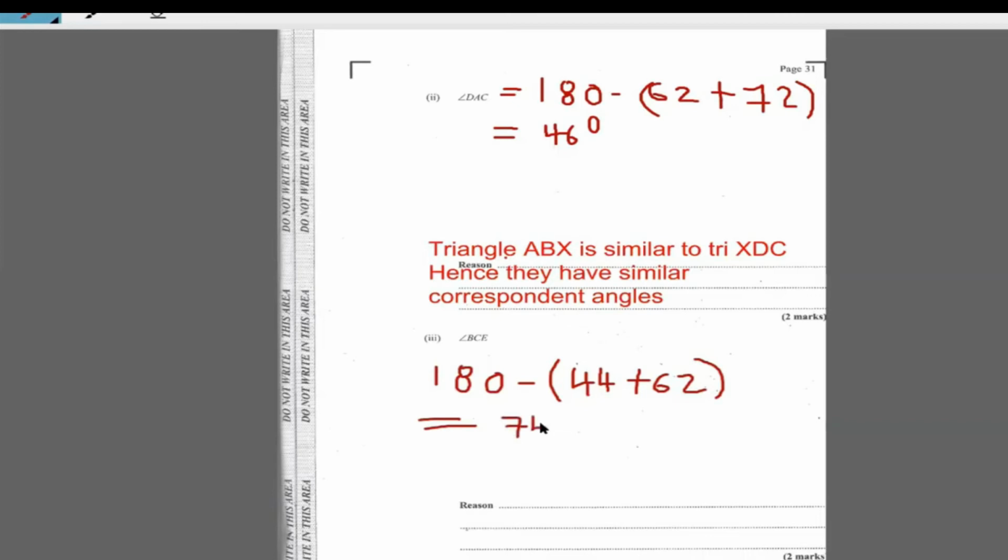And the reason again is angles on a straight line sum to 180 degrees. That's nice and easy.